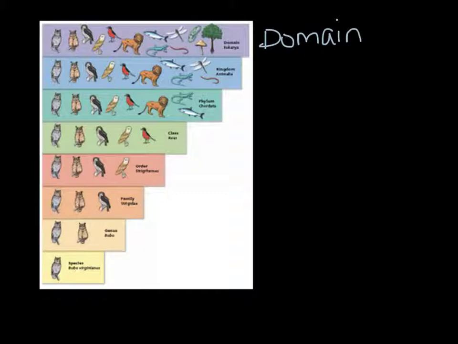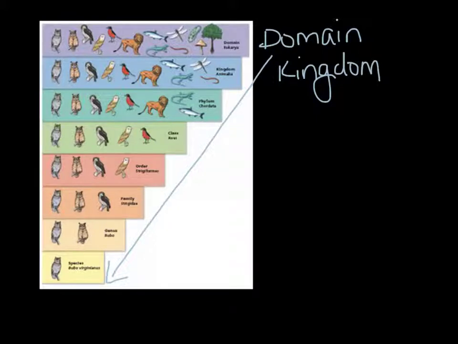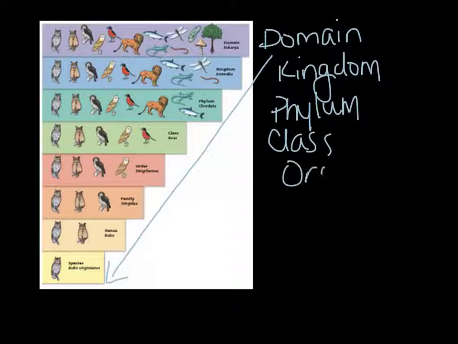And we get more specific as we move down this chart. So it goes from domain to kingdom, phylum, class, order, family, genus, species.